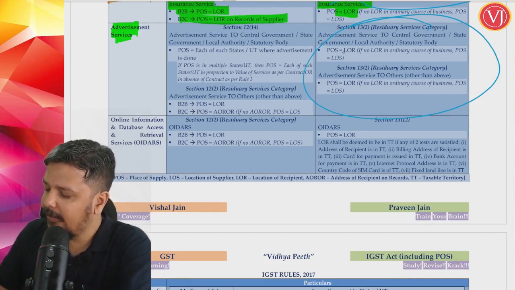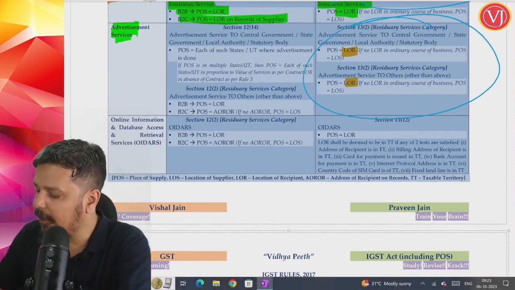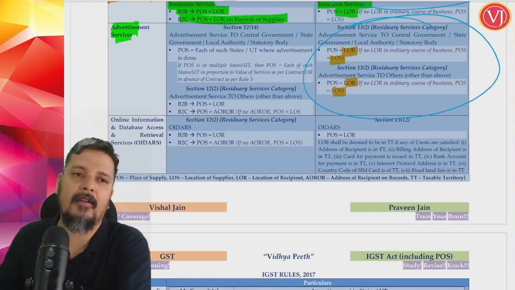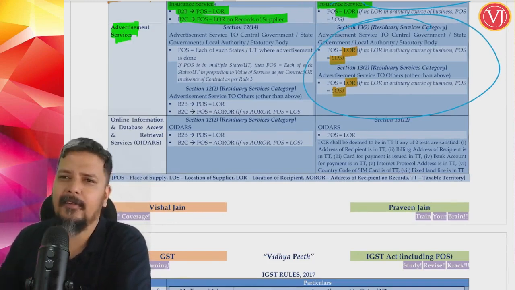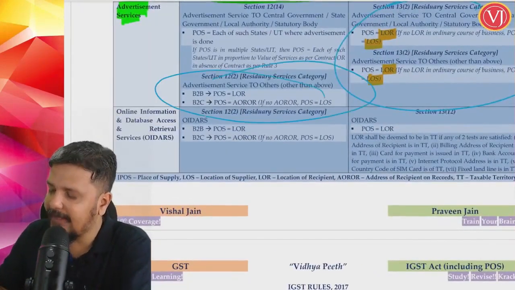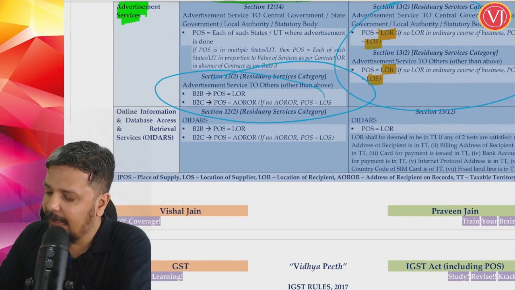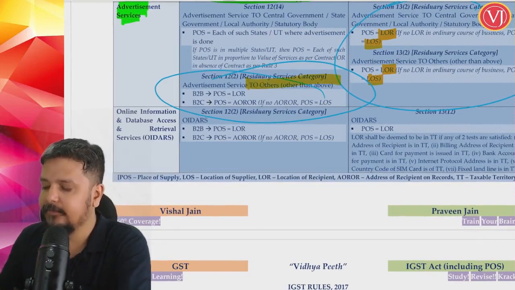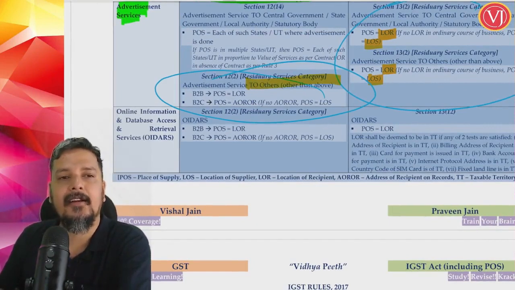Location of recipient. If not available in ordinary course of business, location of supplier. Simple. Section 13 does not have any special portion. Even in section 12, it goes in normal category if it is advertisement to other than government.